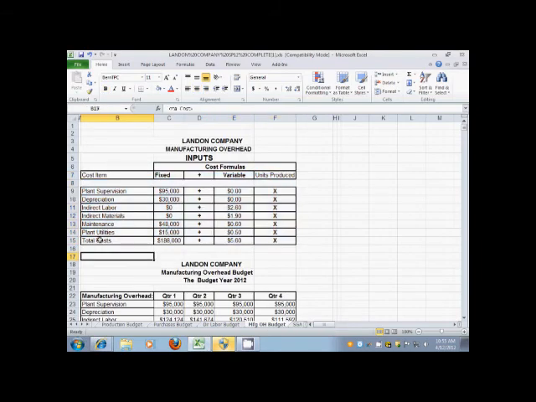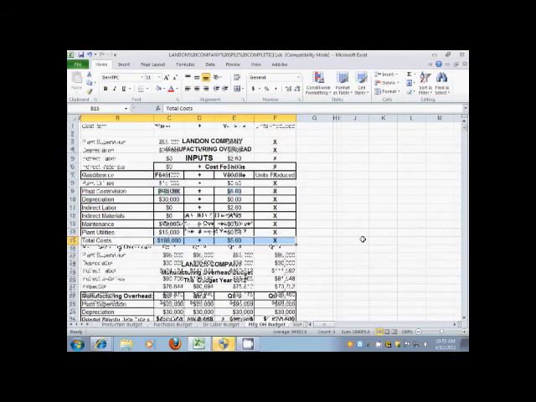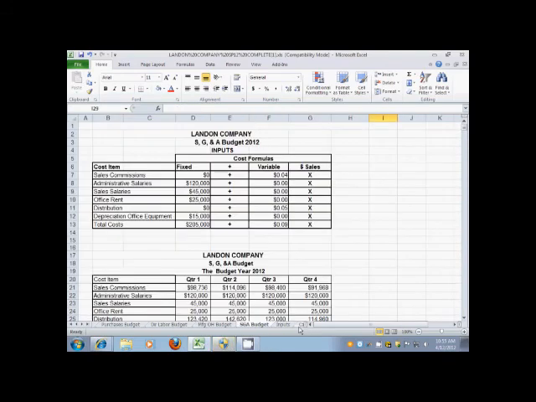The same setup is used for SG&A. You will see that we have a cost formula here. We have a new cost driver. It is dollar sales, not units produced. But for each quarter, I can use this cost formula you see in blue to go ahead and budget my SG&A once I know my dollar sales.